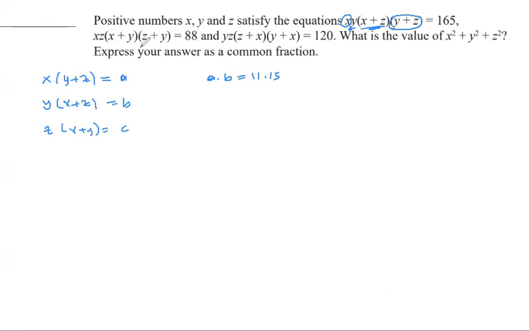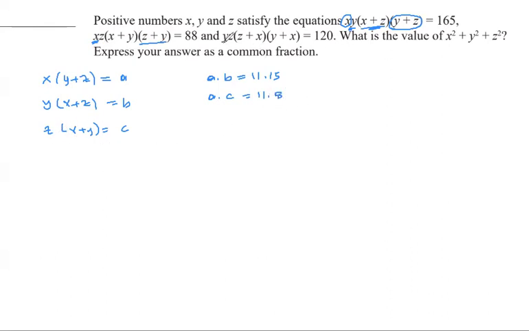Okay, and then the second equation we have is x right here. We took x and y plus z, which is this guy, that is equal to a. And then the remaining one is z and x plus y, which is c, so that is equal to 88. So I'm going to write it as 11 times 8, or 2 cubed.